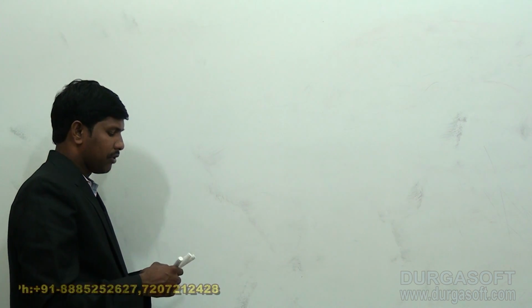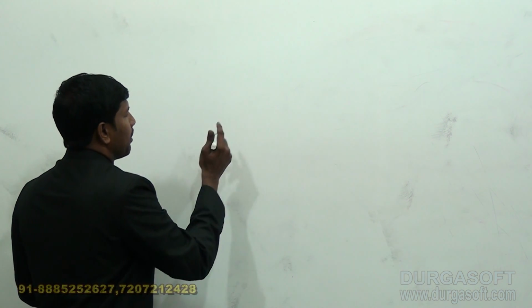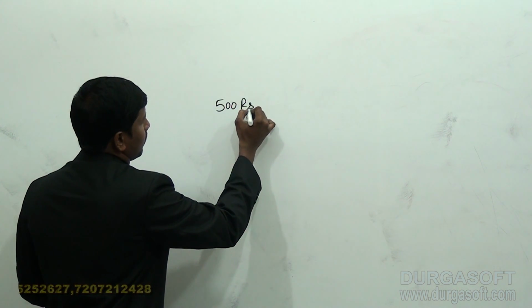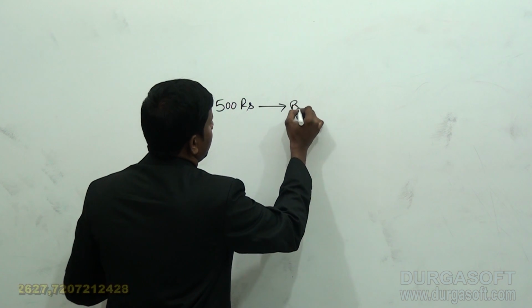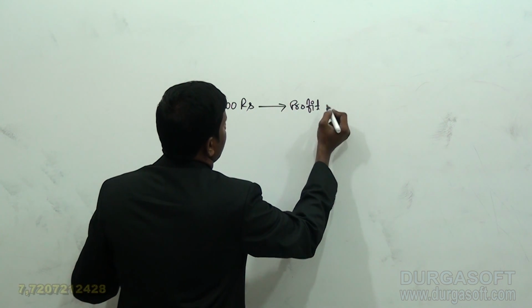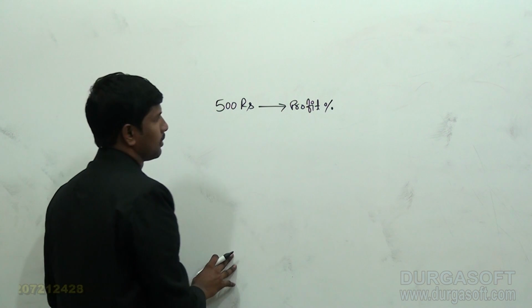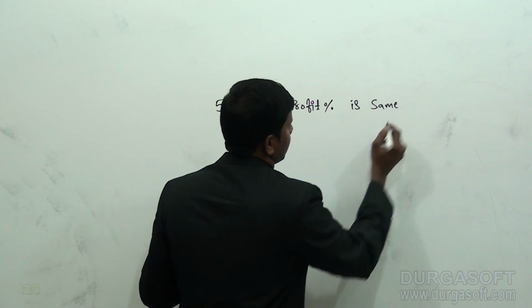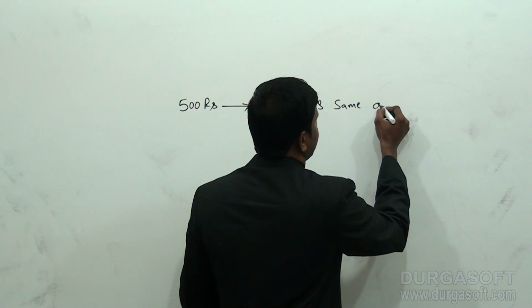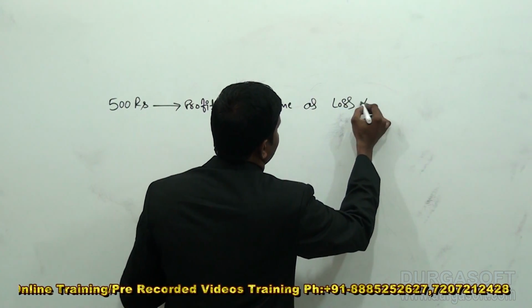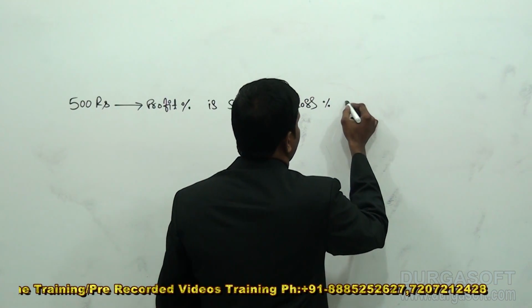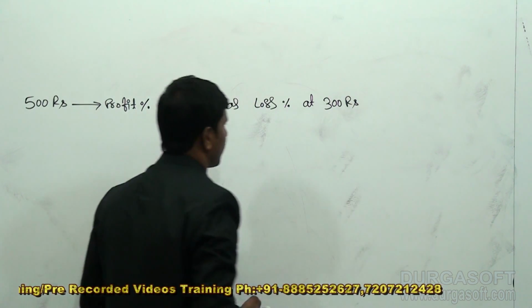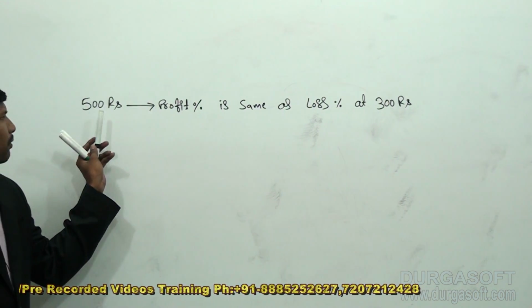Suppose my question is: when I am selling an article at 500 rupees, the profit percentage is the same as the loss percentage at 300 rupees.